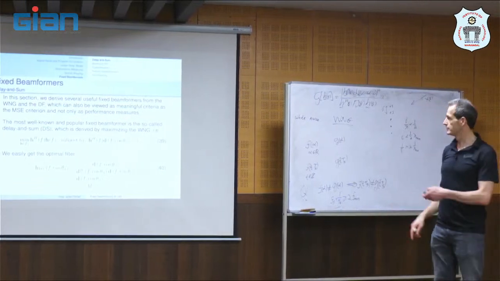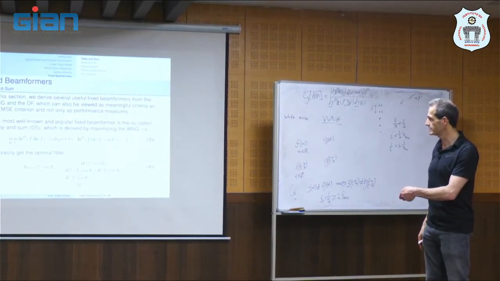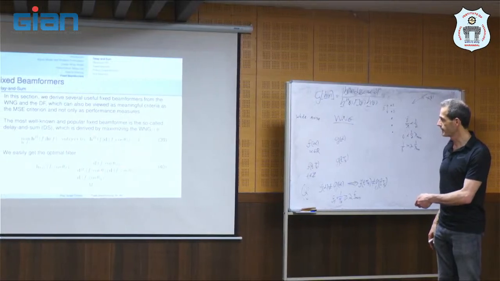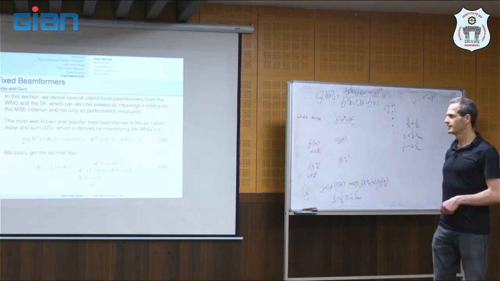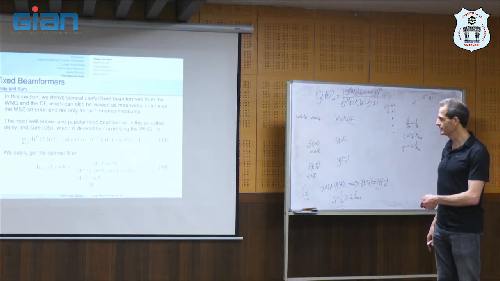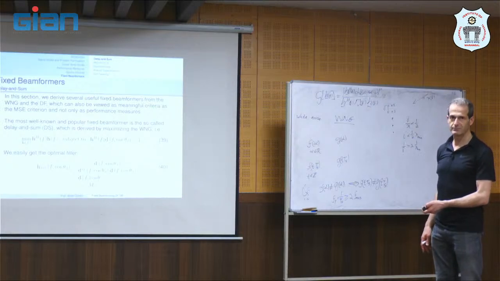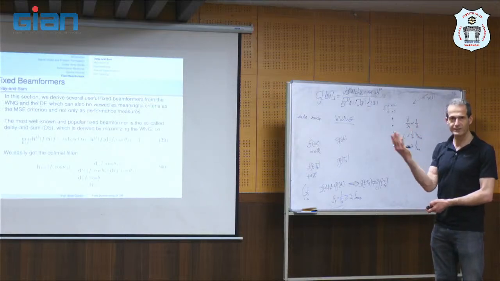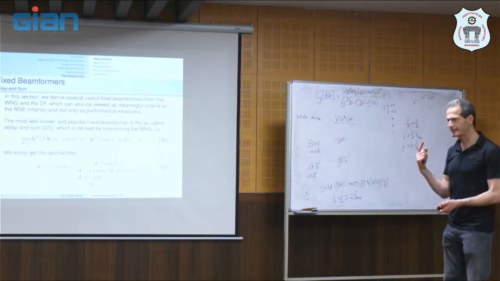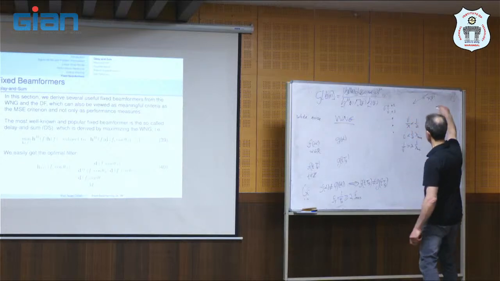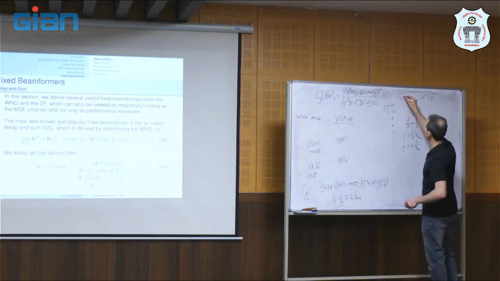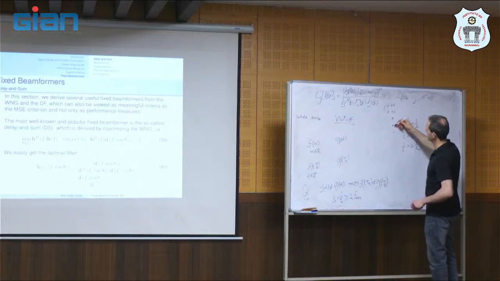Okay, we can find the solution. It's a very easy solution: D divided by M, which is very nice. Actually, D divided by M is the delay and sum, because each element of D is just a delay. It compensates. You see, a steering vector means a signal that comes from theta D comes with a delay with respect to the reference sensor.